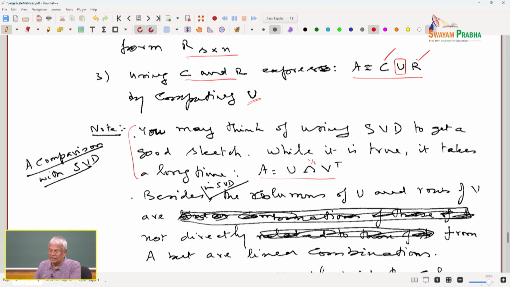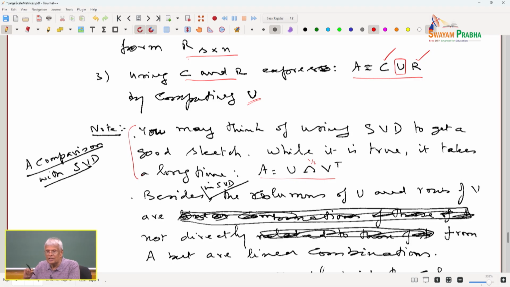the challenge is that computing SVD, first I need to compute the Gramian, that takes time, that involves matrix multiplication. Second, we have to solve the eigenvalue problem. We have to compute all the eigenvalues and eigenvectors of the smaller of the two Gramians. You find U, you find lambda, you find V, and take the square root, matrix lambda to the power half, and express A is equal to U lambda V transpose.